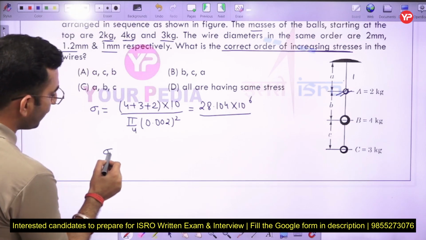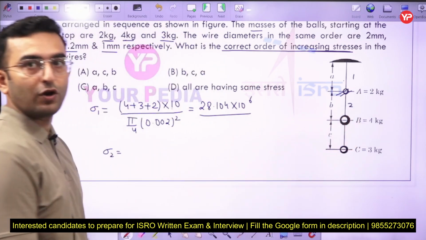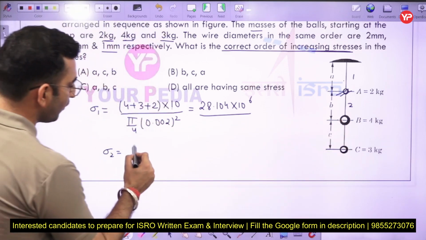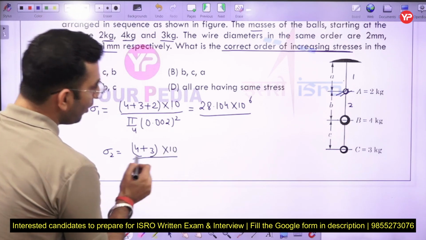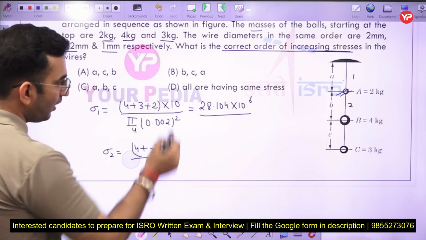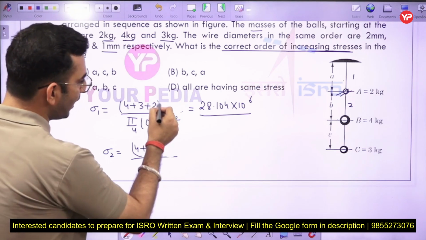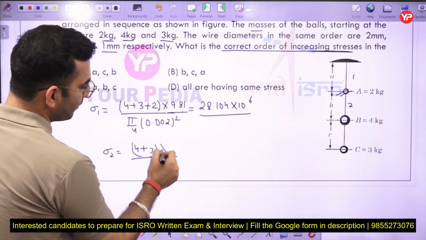Now you can calculate the value of sigma 2. In wire number 2, only these two weights are acting at the bottom, so 4 plus 3 multiplied by gravity. Just assume gravity as 9.81, because the answer I am providing is based on the actual value of gravity.